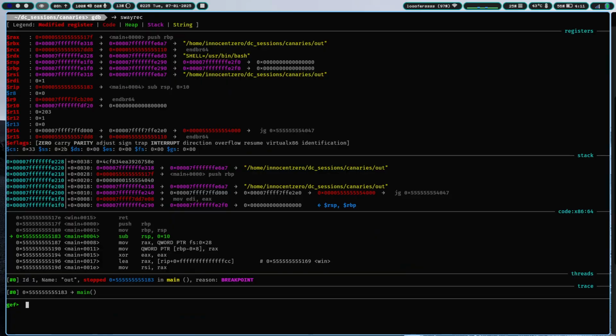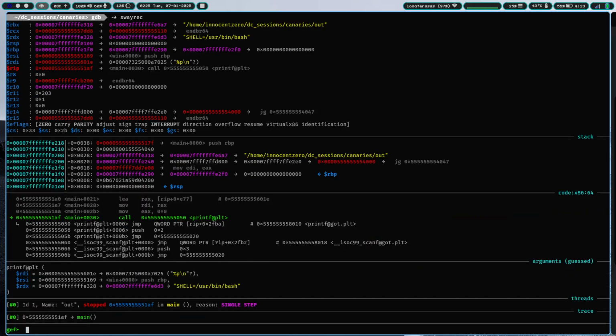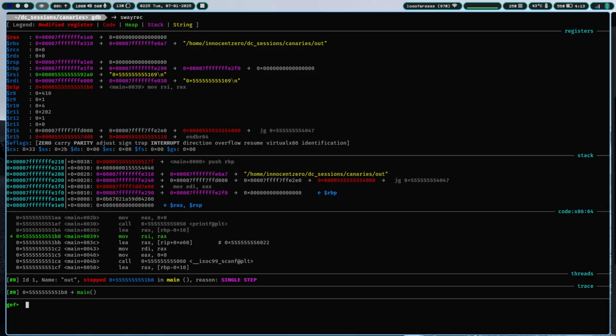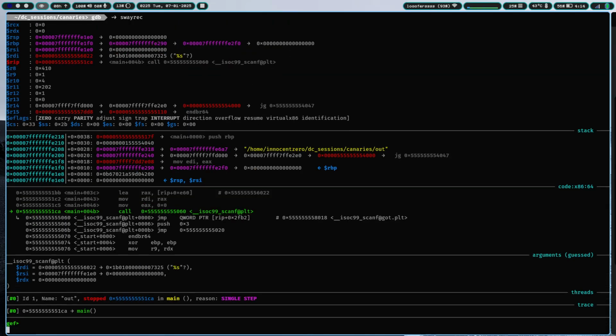So we need to print the format, right? Let printf do it. Then scanf percent. Okay, I have done this before, so I know.